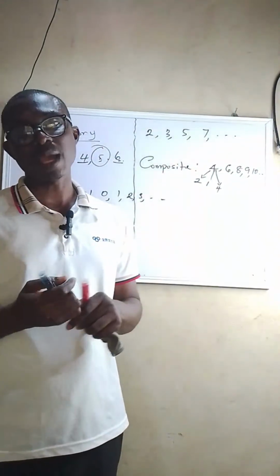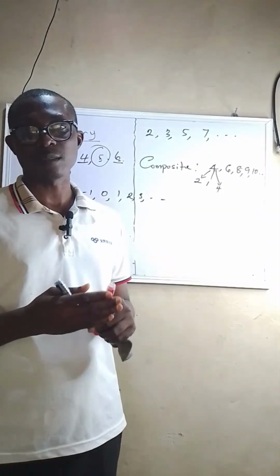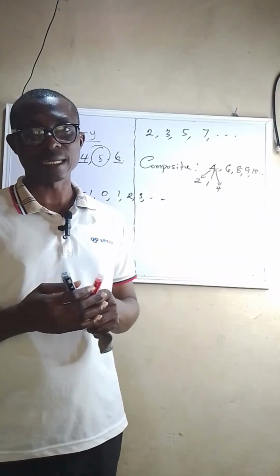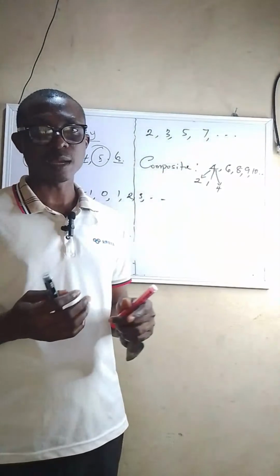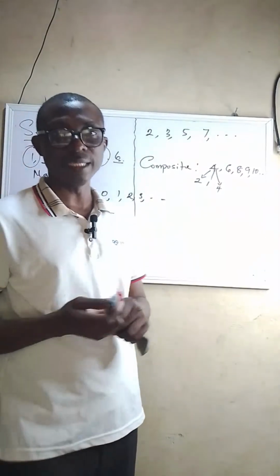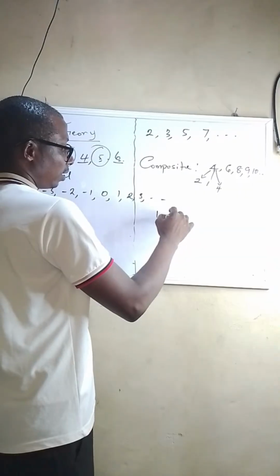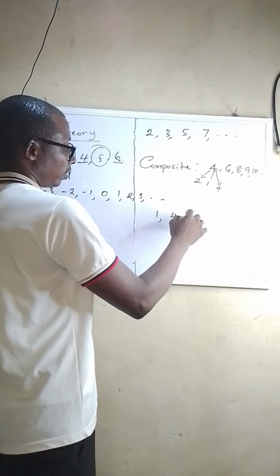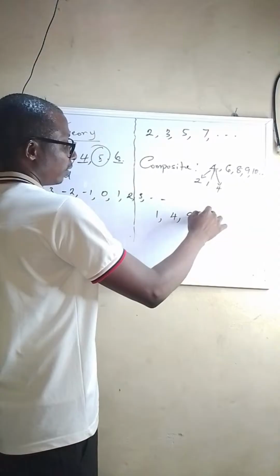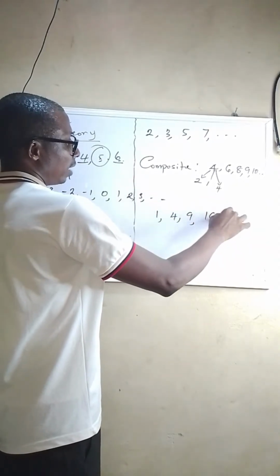So the last set of numbers I'm going to define here now is a perfect square. Perfect squares are natural numbers whose square roots are integers. They are natural numbers whose square roots are what? Integers. So for example, we have 1, we have 4, we have 9, we have 16, we have 25.